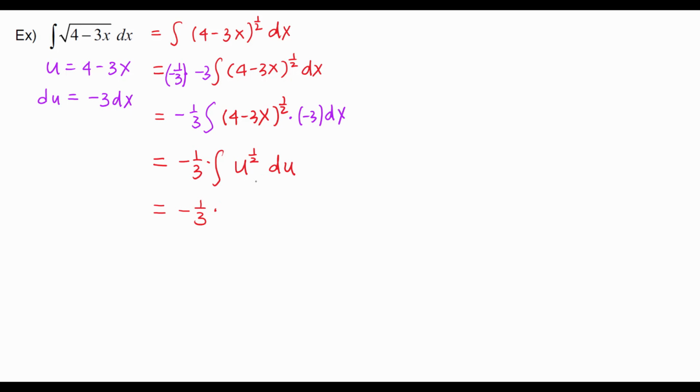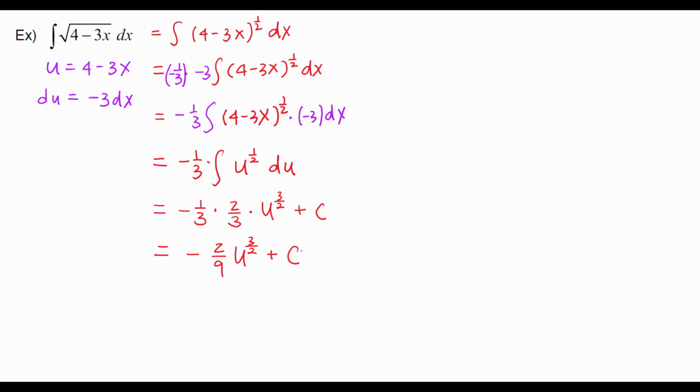When you use the power rule for integral, I'm going to gain 1 power, and 1/2 power plus 1 is 3/2. So I'm going to multiply by the reciprocal, and u to the 3/2 power plus c, which is negative 2/9 u to the 3/2 power plus c.